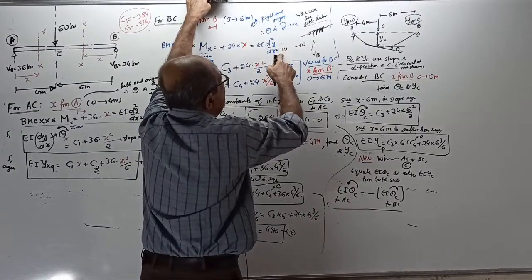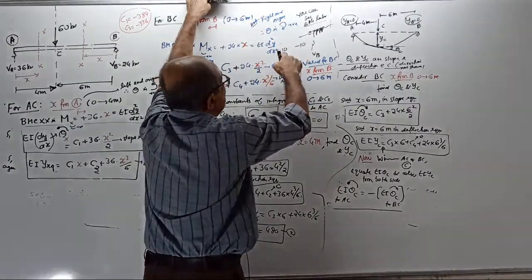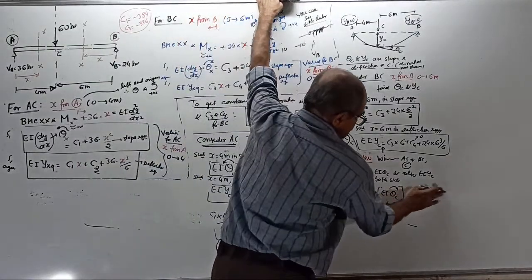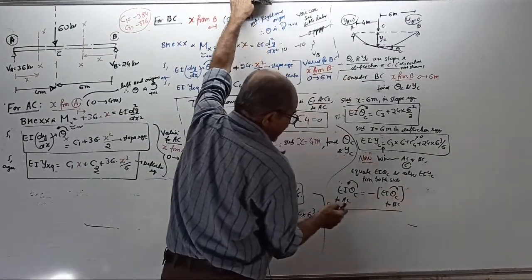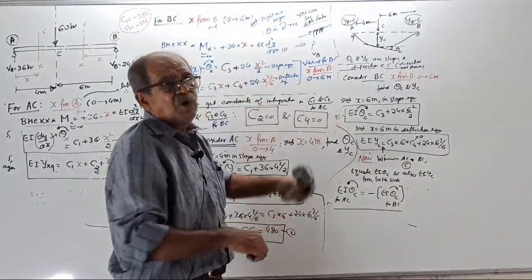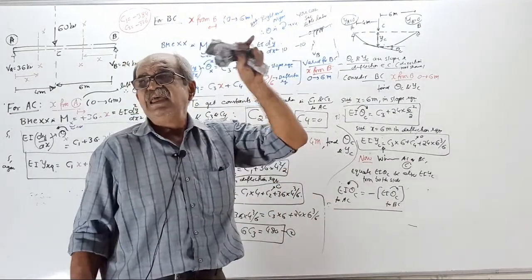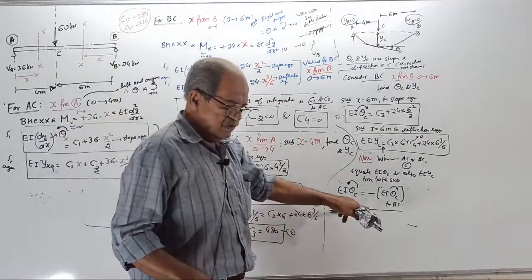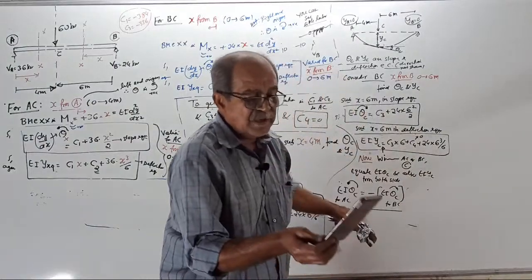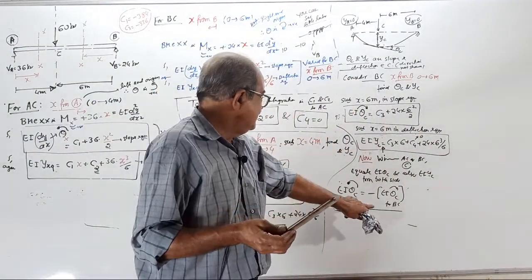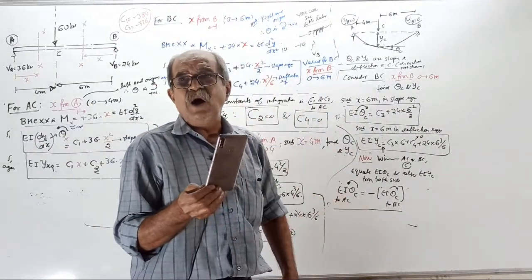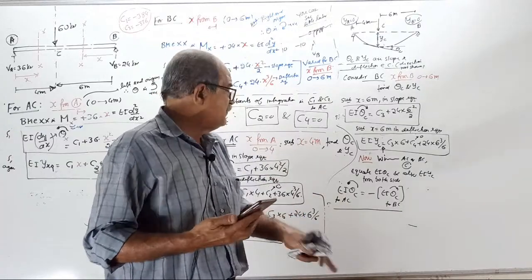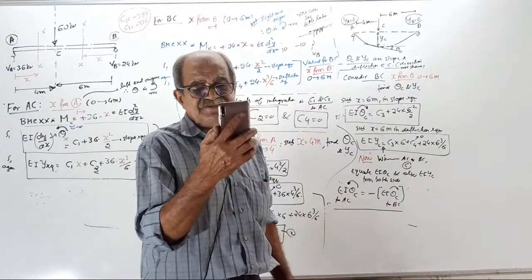You should tell 10 is not equal to minus 10. Or you can write EI theta C anti-clockwise on left side plus EI theta C clockwise on right side equal to 0. First, is this step clear? Since they are opposite sign, you should equate with one of the sides. Any side you have to put a minus sign.